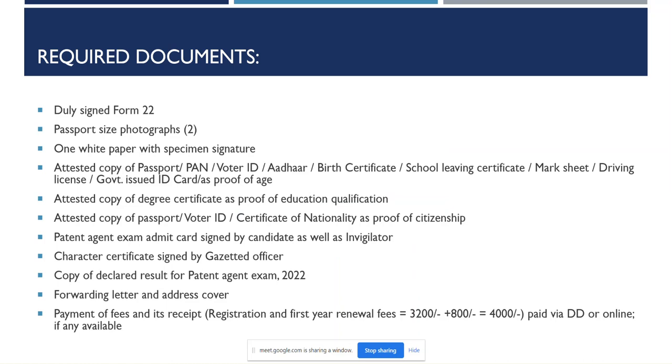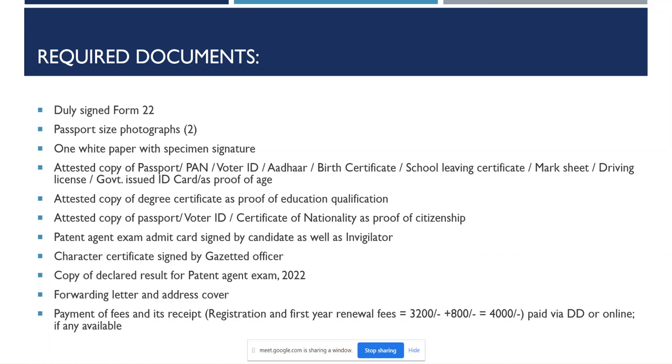So what exact documents are required to register as a patent agent after clearing this exam? One is the duly signed Form 22. Second is two copies of the passport size photograph, and one white paper with your specimen signature, which you have to upload as well as submit to the patent office.